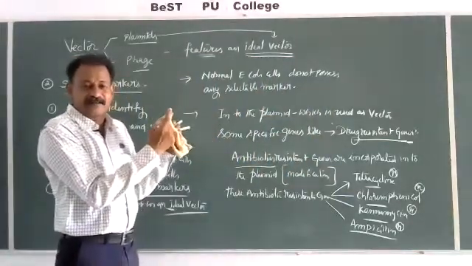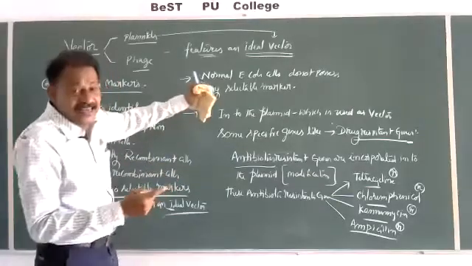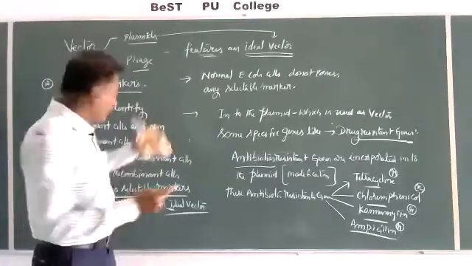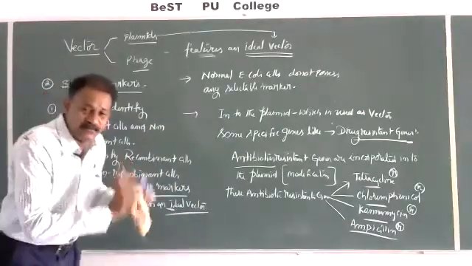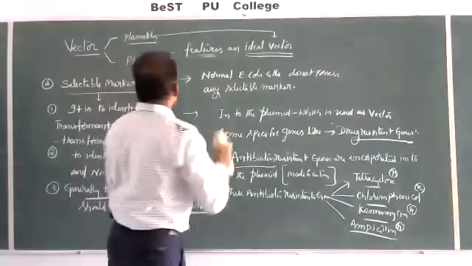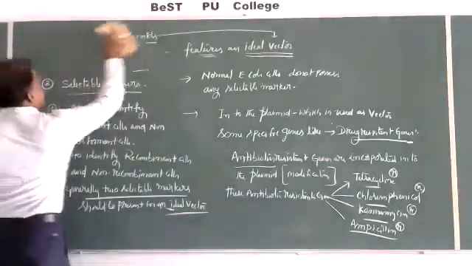in the vector. Generally an ideal vector should have two selectable markers. What is meant by a selectable marker? Let us see.